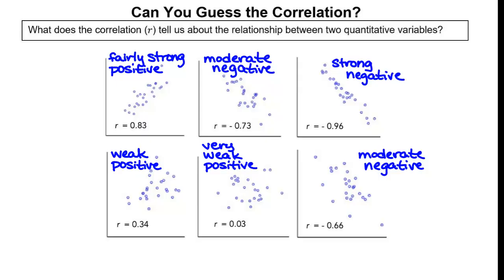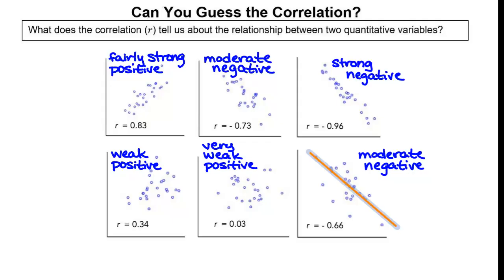If you put a line through it, you can see the dots are reasonably close to the line. Some of them are a little bit cloudy, but all together I think they're clinging around the line.